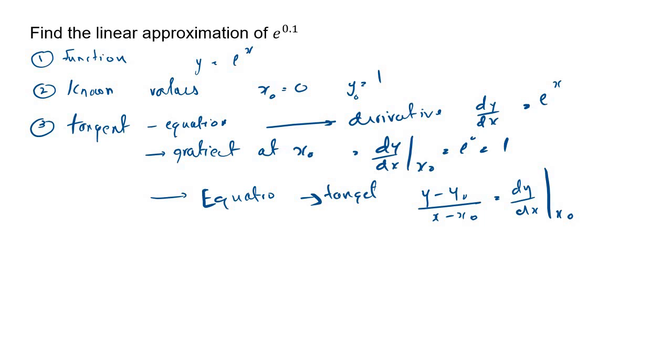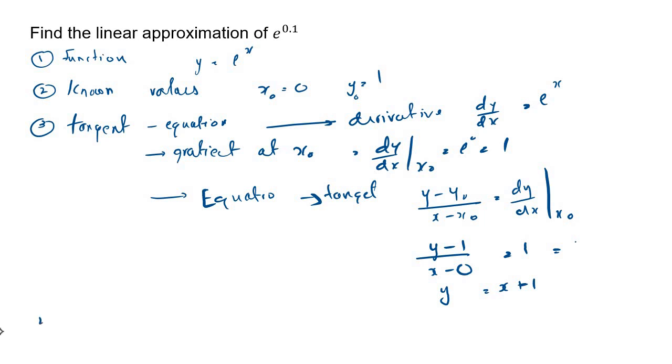So we know x0 and y0. Let's substitute it. (y minus 1) over (x minus 0) is equal to 1. So we see the equation of the tangent is y equals x plus 1.